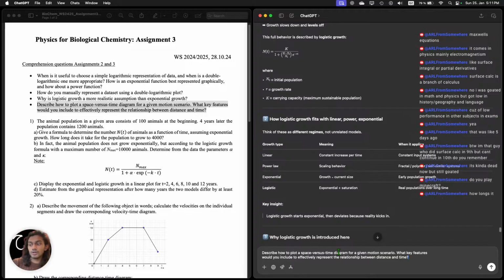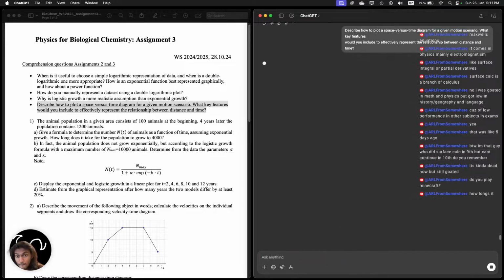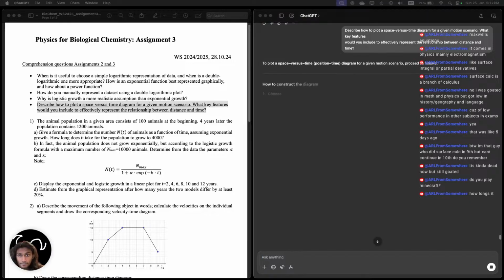If it's increasing velocity or a constant acceleration, that follows a power law. And if it's increasing acceleration, then it's exponential growth. That's what I understand, but I don't know.